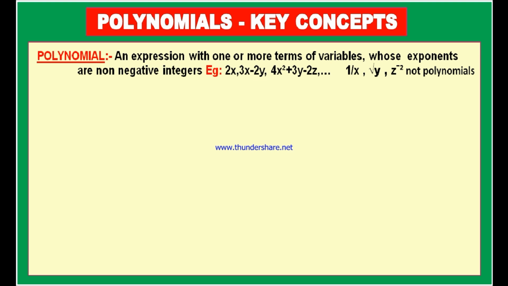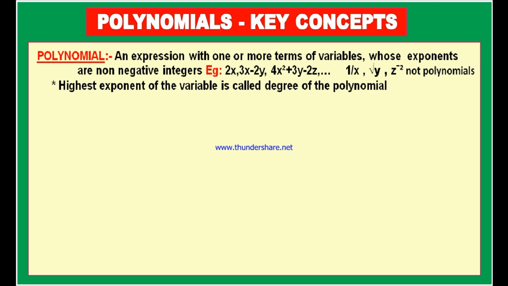Okay, dear students, now let us learn the degree of the polynomial. The highest exponent of the variable is called the degree of the polynomial. Here you can observe in all these polynomials, this is a polynomial, this is a polynomial, and this is also a polynomial.